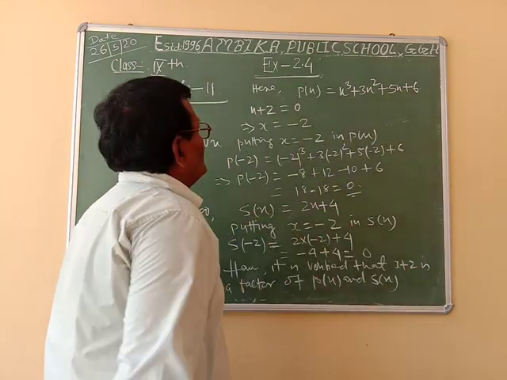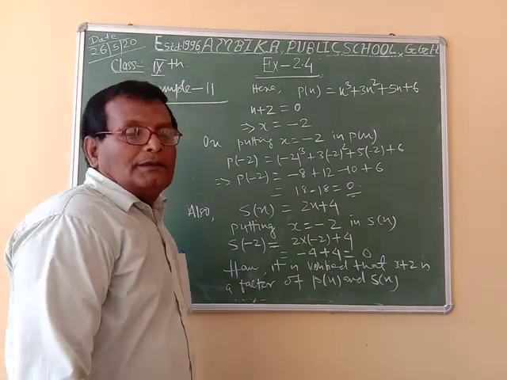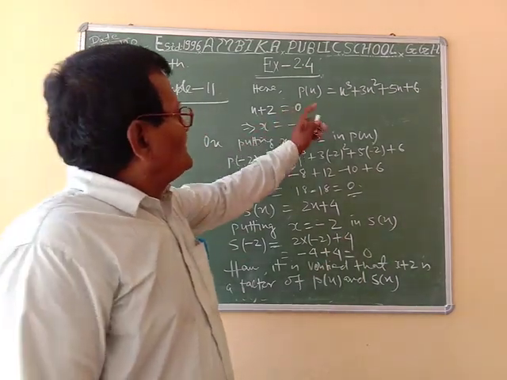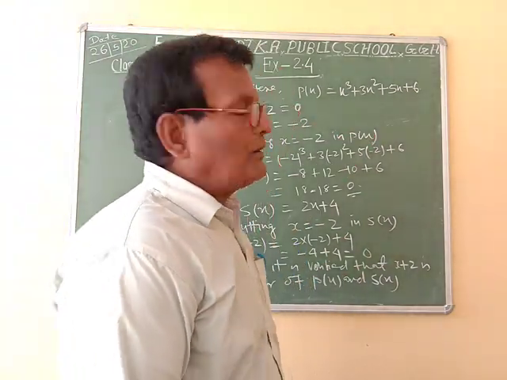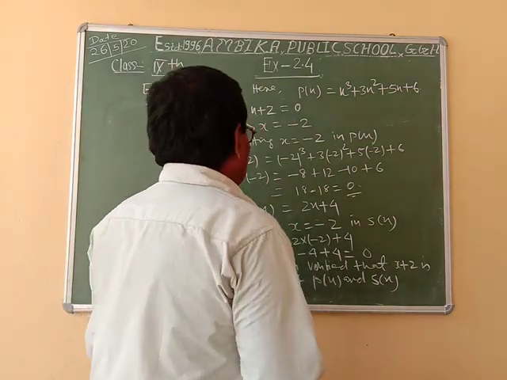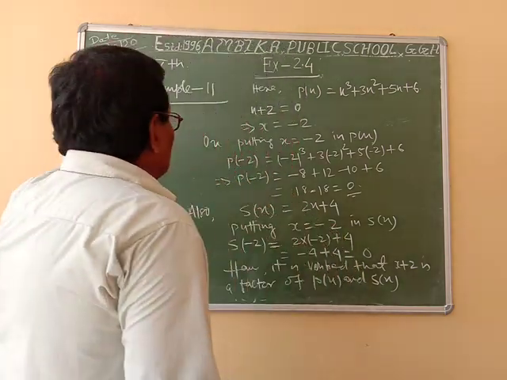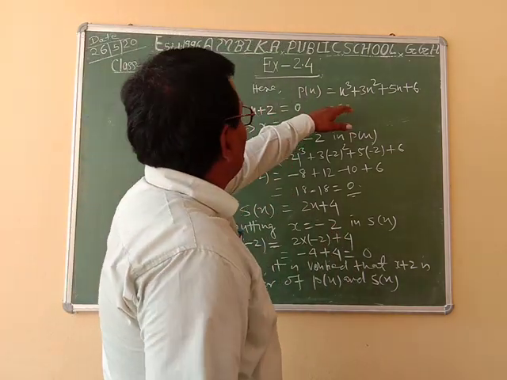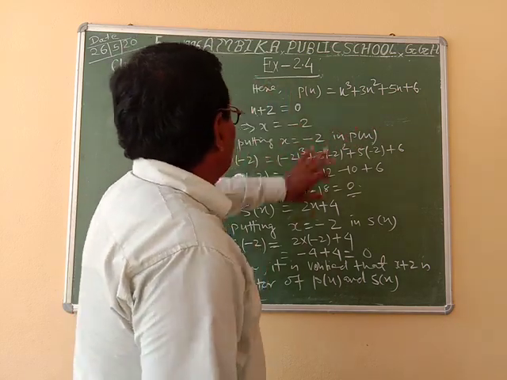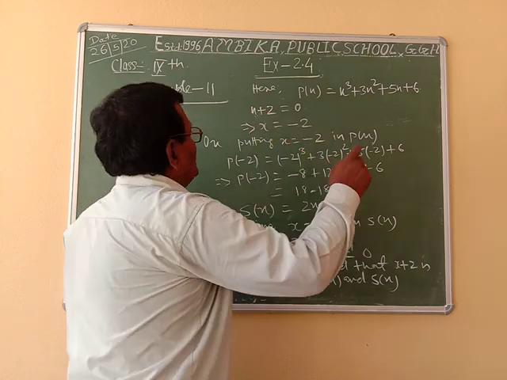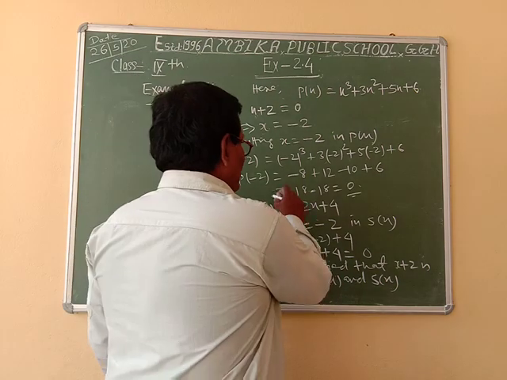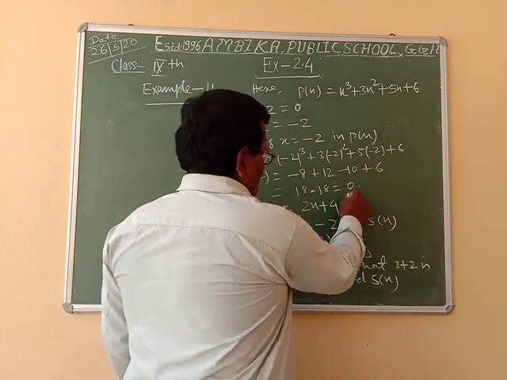In this problem, we have to examine whether x plus 2 is a factor of x cube plus 3x square plus 5x plus 6 and 2x plus 4. X plus 2 is a factor of x cube plus 3x square plus 5x plus 6 if x plus 2 = 0, or x is equal to minus 2. Putting x equal to minus 2 in Px and solving, we get P minus 2 is equal to 0.